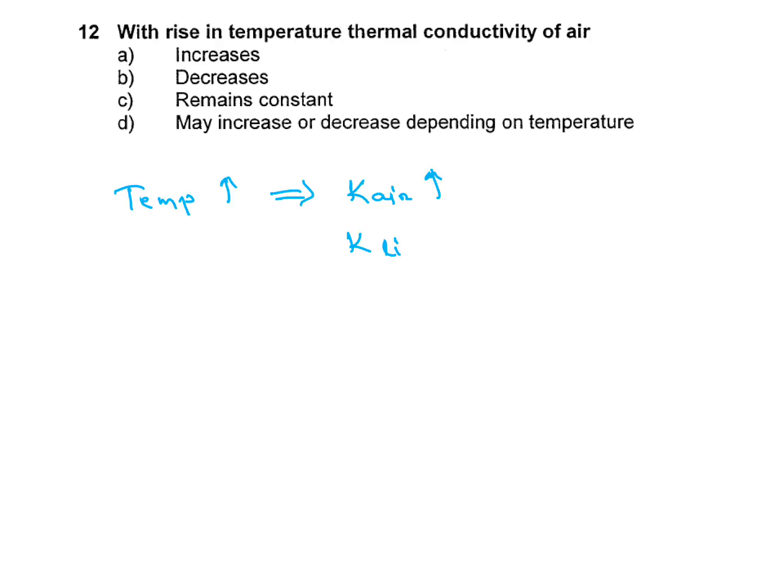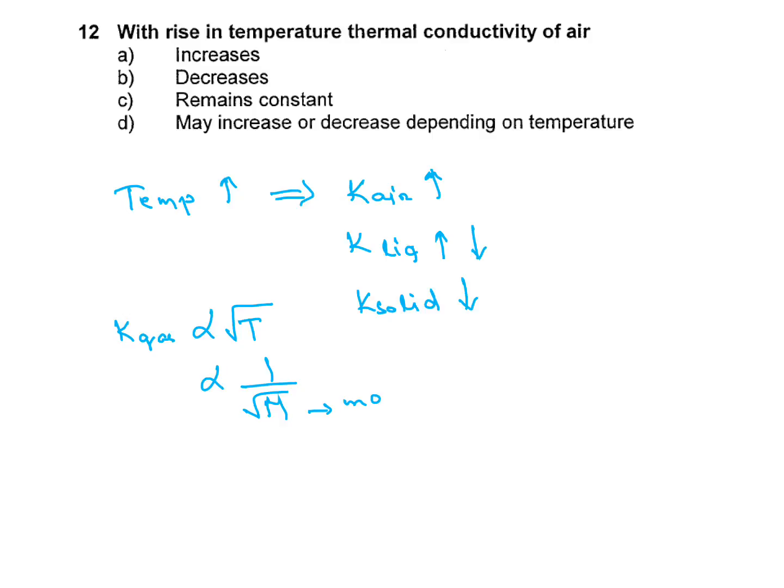Thermal conductivity of liquid may increase, may decrease. It depends on the temperature. For solid, it decreases. And one more thing, thermal conductivity of gas is proportional to root T and inversely proportional to root M. This is molecular weight.